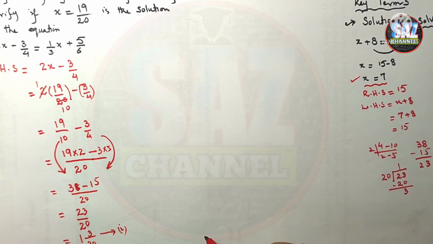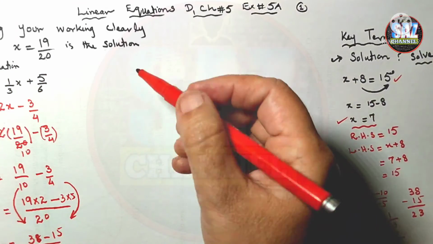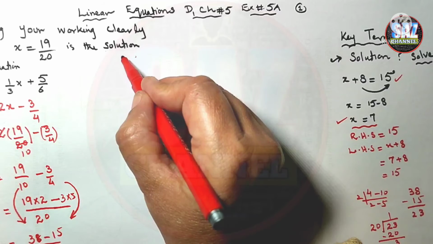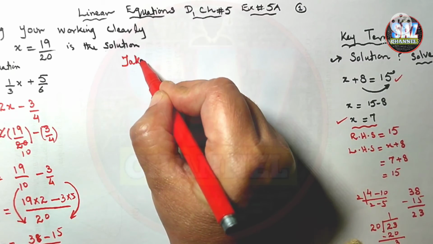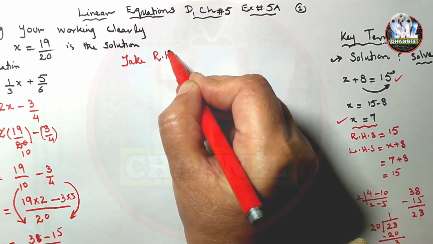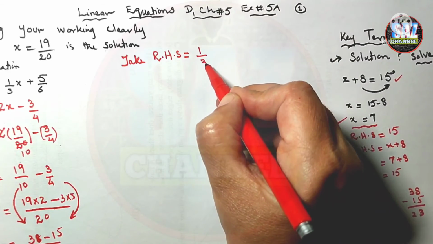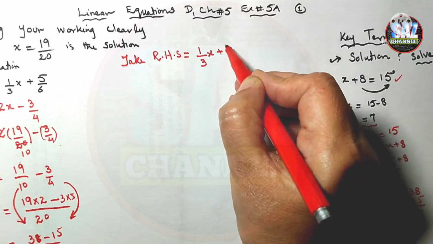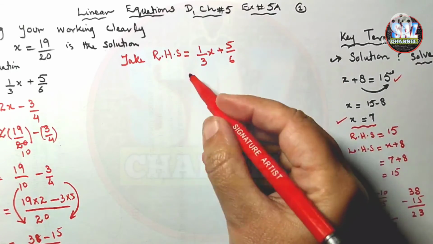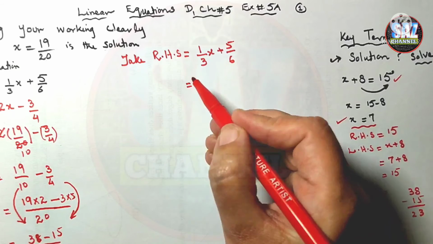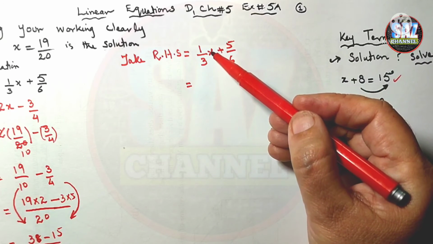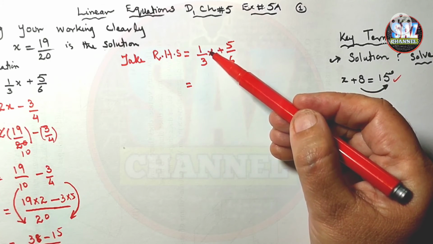Now what we have to do is take the right hand side. The right hand side is 1 by 3 x plus 5 by 6. Students at the junior level are confused about where we are going to multiply this x.